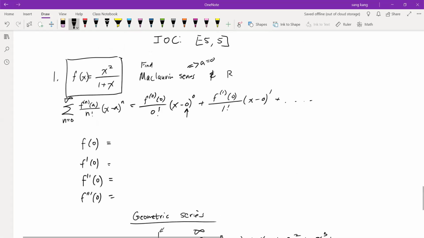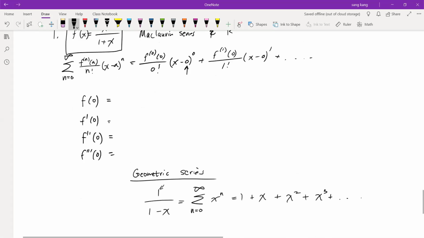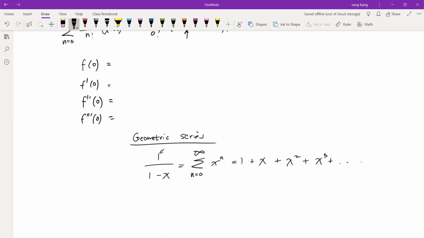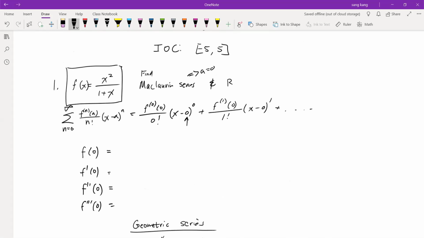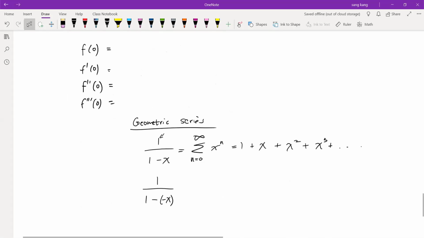So now we're just trying to get it into this form, which means we can replace x. So notice this is 1 minus x in the denominator, but we want 1 plus x in the denominator. So we can rewrite this as 1 minus minus x and replace our x's with minus x's, right?